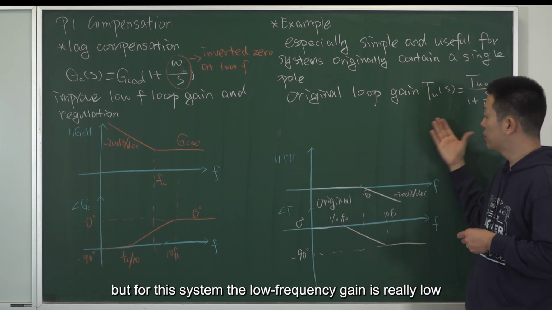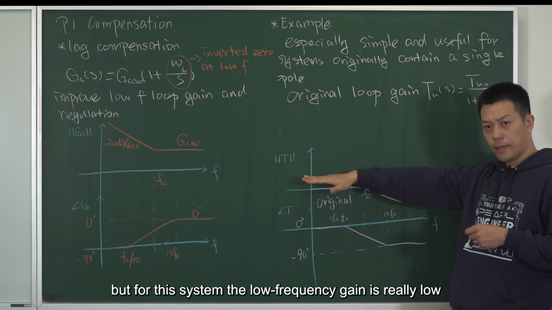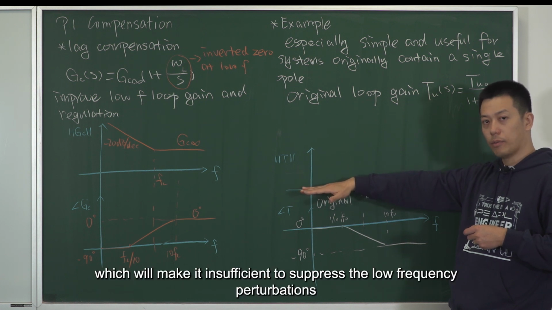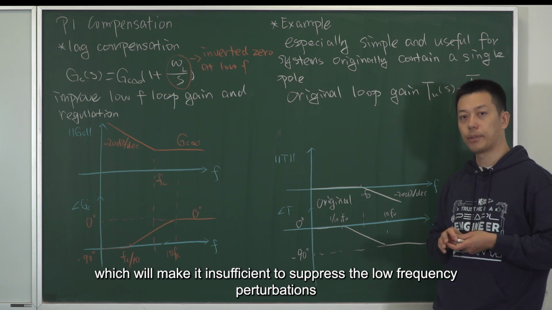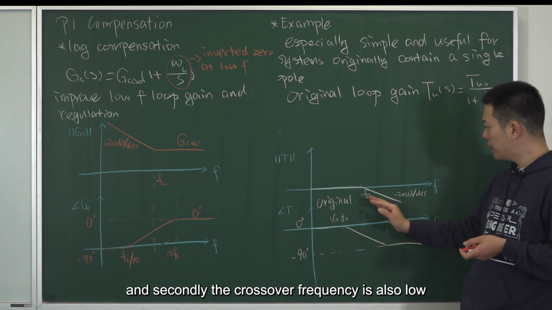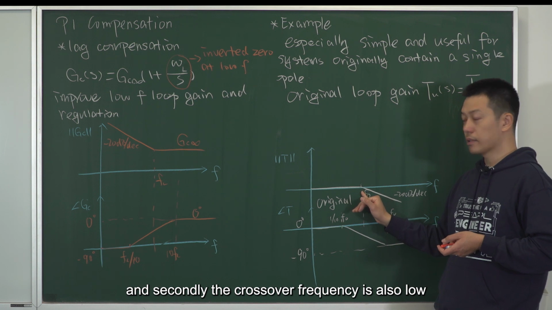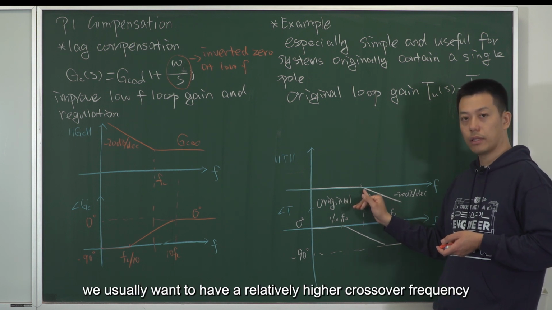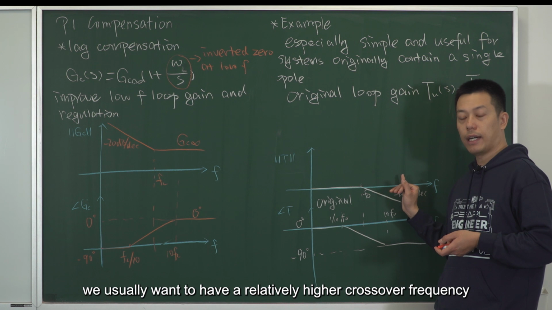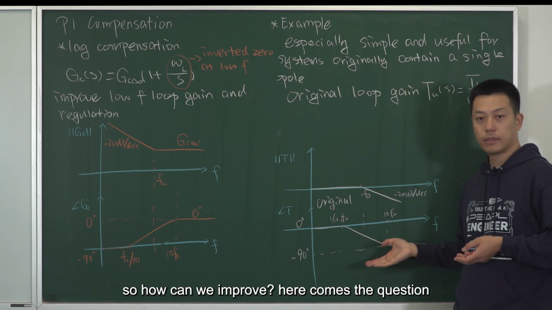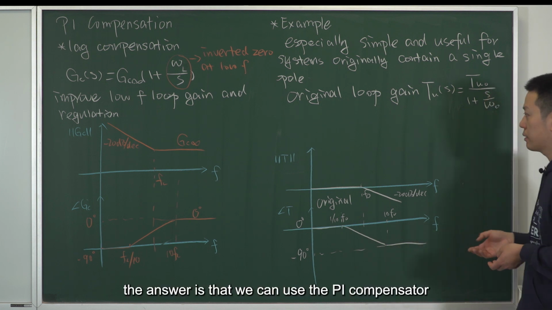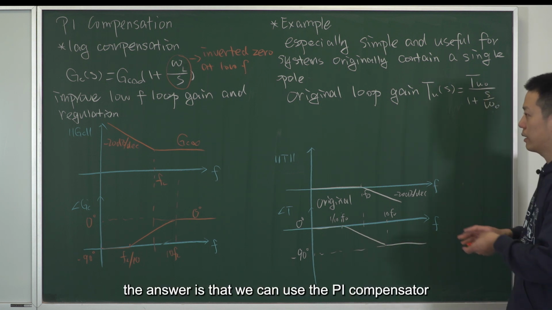But for this system, the low frequency gain is really low, which makes it insufficient to suppress the low frequency perturbations. And secondly, the crossover frequency is also low. We usually want a relatively higher crossover frequency. So how can we improve? The answer is that we can use the PI compensator.